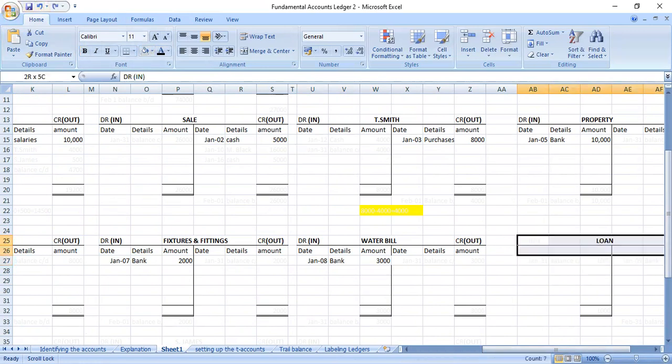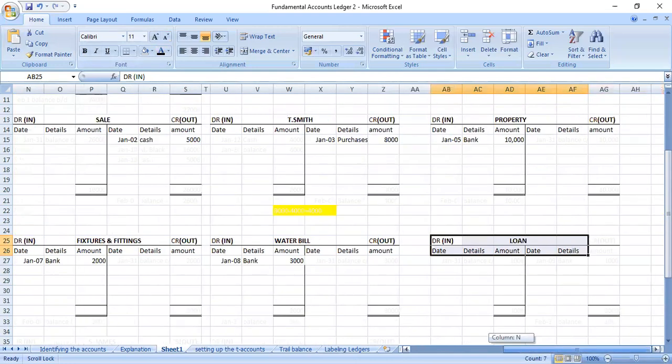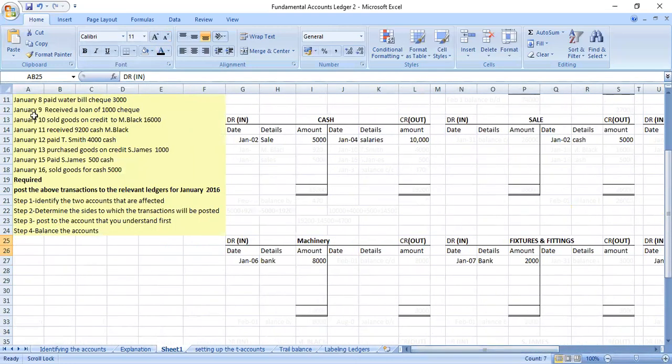All right, so let us put on our headings. Here we go. So it was January 9 and we had received a loan of $1,000 by check. We said that the two accounts affected are loan and bank.